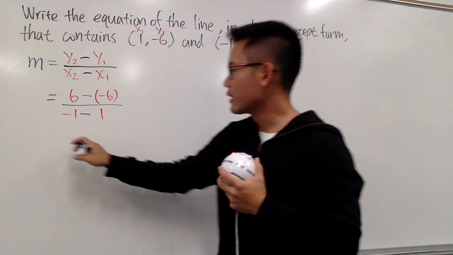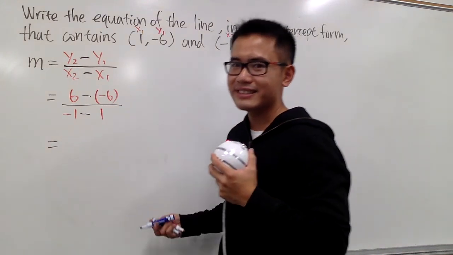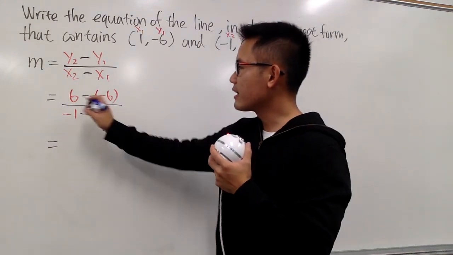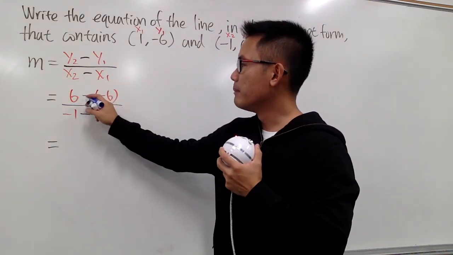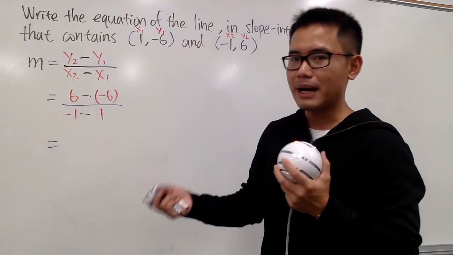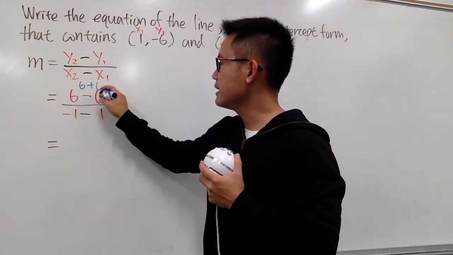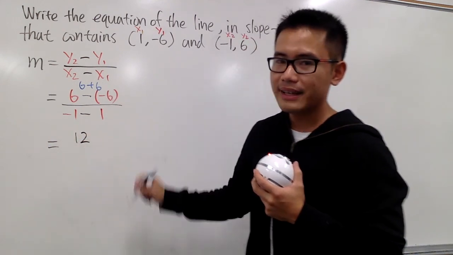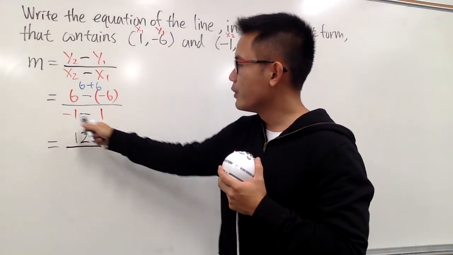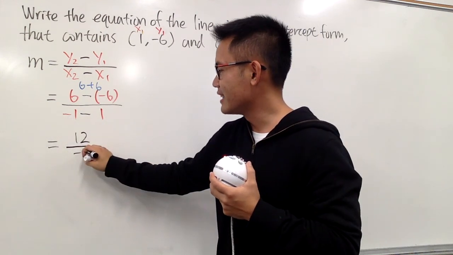Now let's work this out carefully because we have a lot of negative signs. On the top, this is 6 minus -6. But we know minus a negative becomes positive, right? So on the top we have 6 plus 6, which is 12. And on the bottom, we have -1 minus 1, which gives us -2.